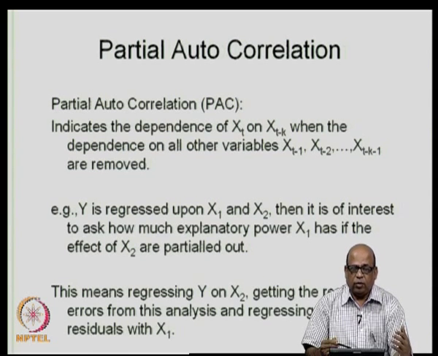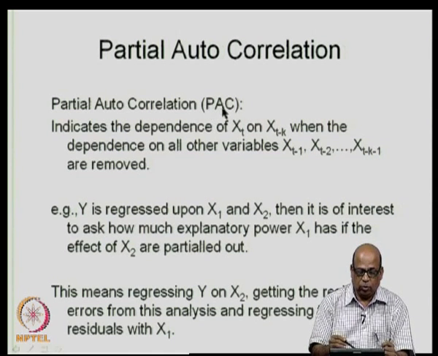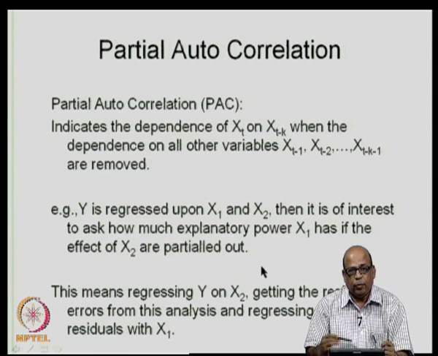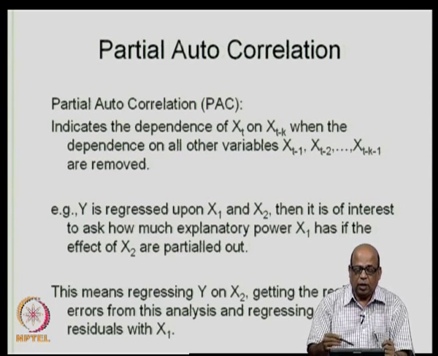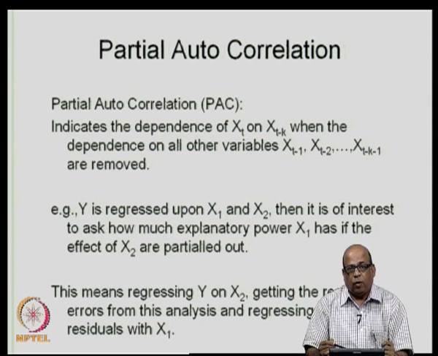Similar to the correlation that we talked about, we have a very important concept called partial autocorrelation. It is denoted as PAC. Before we go into a more generalized ARIMA model explanation, let us see what we mean by PAC. What did the correlation coefficient indicate?